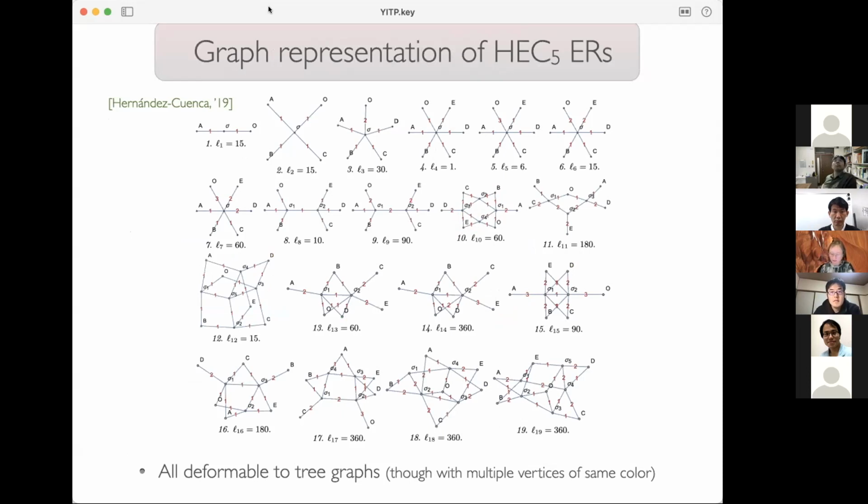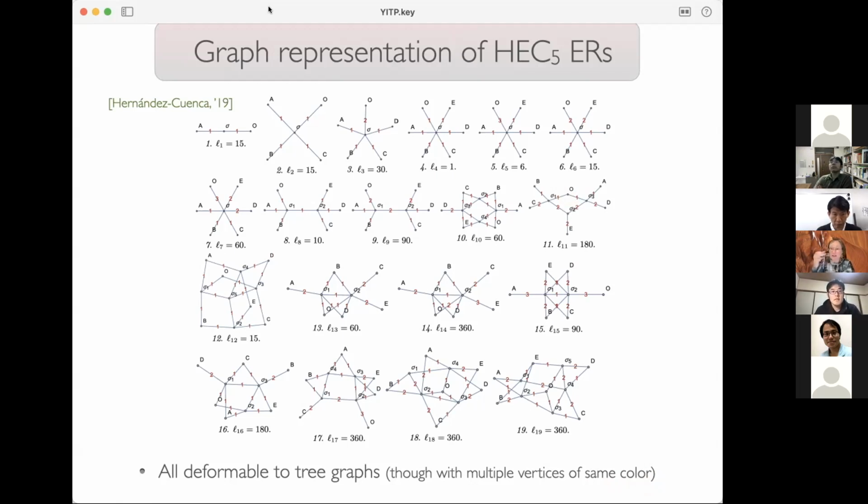Ultimately, some of them already are tree graphs, some of them are trivially converted by taking this single boundary vertex and making it into multiple boundary vertices, and some are slightly more complicated. But what you end up with is all trees, though if I resolve these boundary vertices, then I have multiple boundary vertices of the same color with the same label. So that's not a simple tree graph.